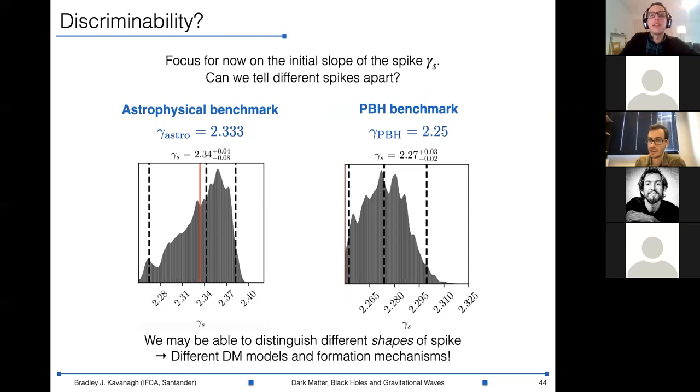Yeah, it's very peaked. So my question is, is there any fudge factor here? For instance, could the PBH benchmark have some extra astrophysical uncertainties that could actually mimic what you're seeing on the left? Other than the baryonic disk that you were talking about, something extra.